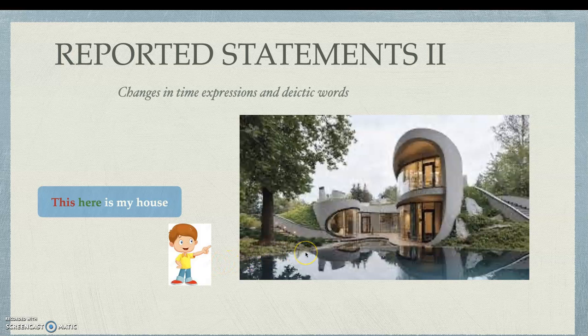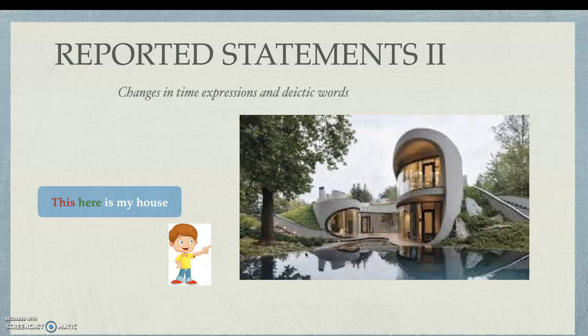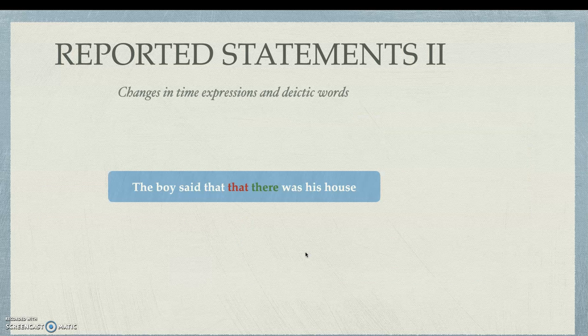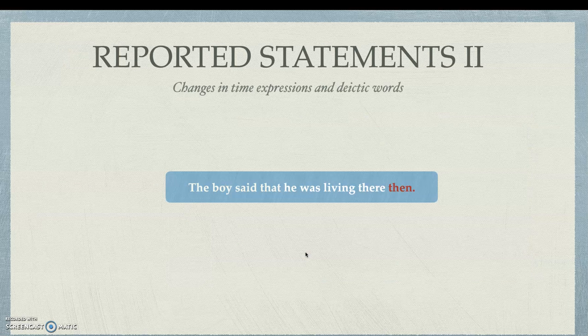So this becomes that, and here becomes there. Another example, "I am living here now." This is a time expression. In reported speech, it becomes: the boy said that he was living there then.